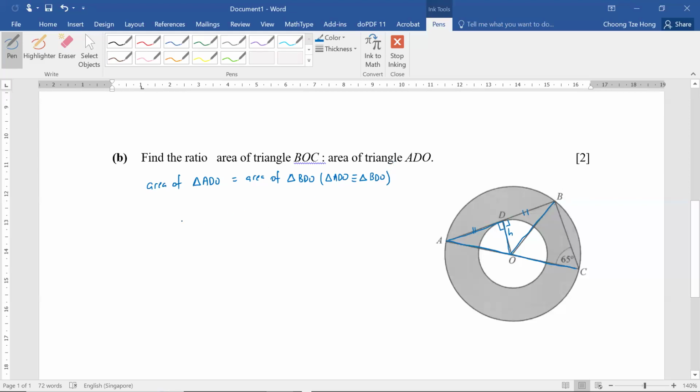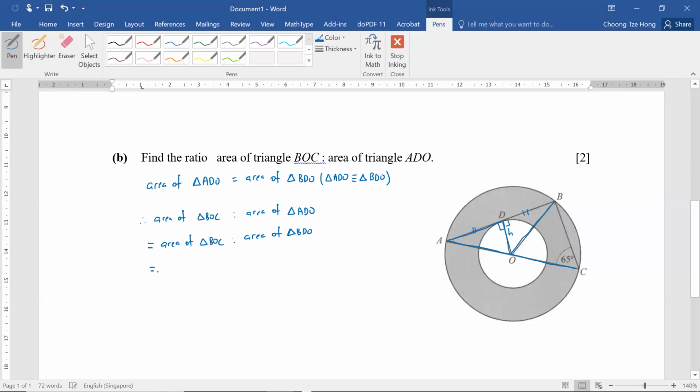So in this case, they want us to find the ratio of area of triangle BOC to area of triangle ADO. But now ADO has the same area as BDO, so it is area of triangle BOC to area of triangle BDO.